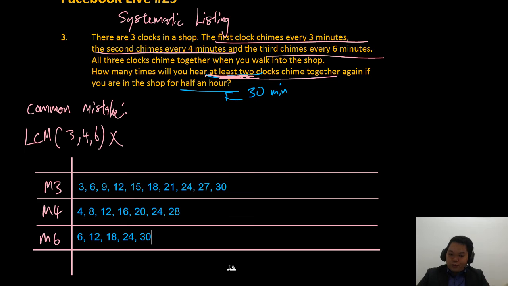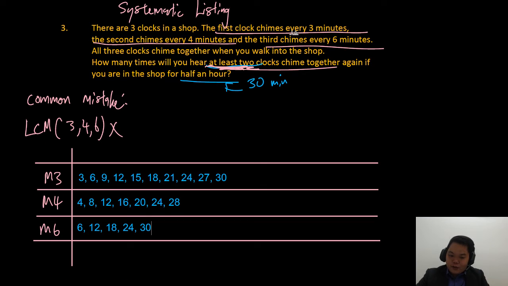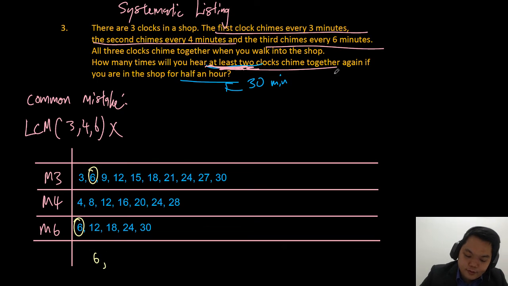Okay, so now you have listed out everything. You want to look for the common numbers first. So at this point, you will see that at the 6th minute, 2 clocks are going to chime together.